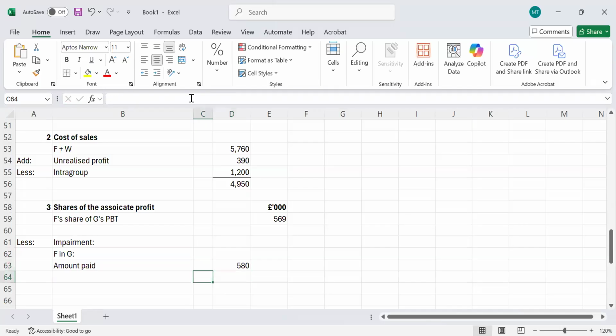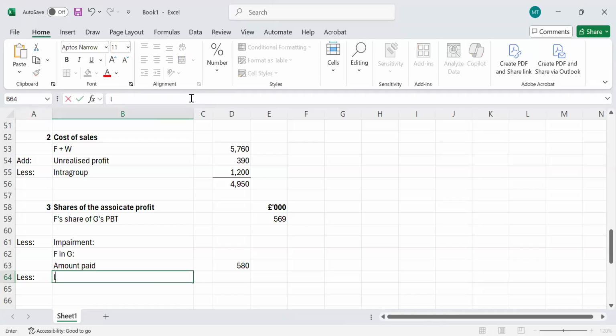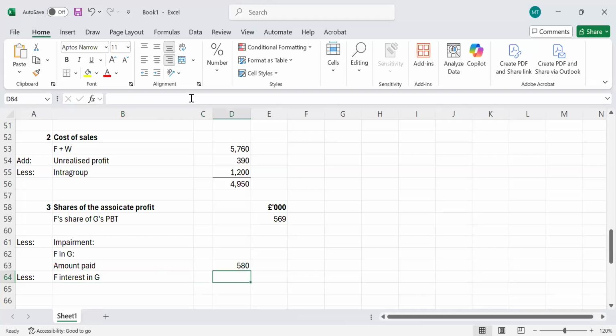Now we will look for the net assets acquired. We know 25% is acquired of the total net asset value. Capital and reserves are equal to net asset value. So net assets or capital and reserves were 1.8 million, but only 25% were acquired. So we'll put this in here. Less the parent's interest in G. How much is the interest?